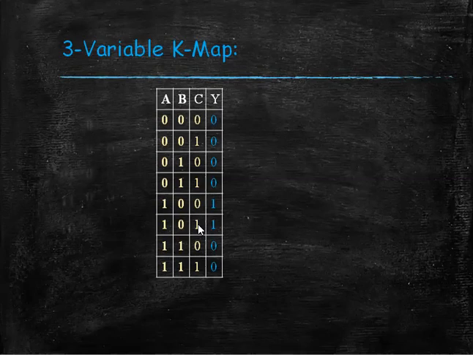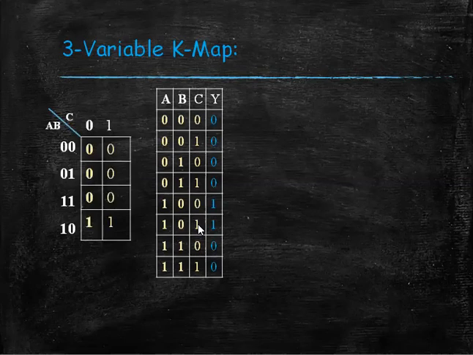Okay, just remember the positions of the K-map. We know that in a 3-variable K-map, the positions are 0 1 2 3 4 5 6 7.